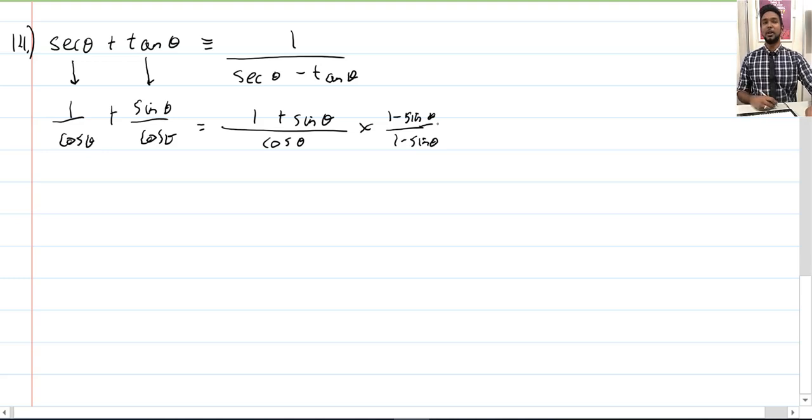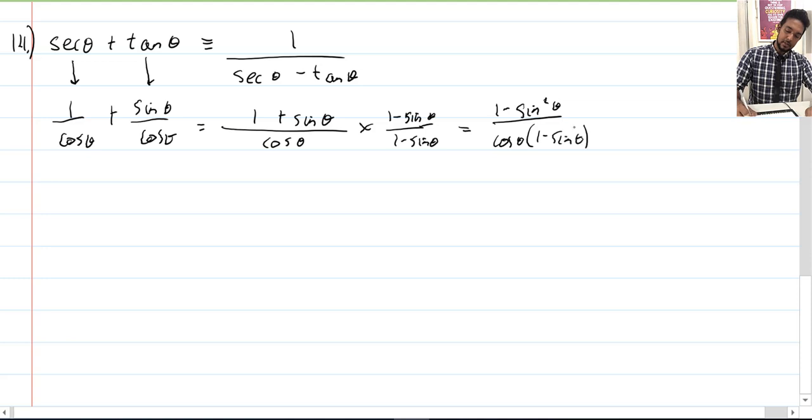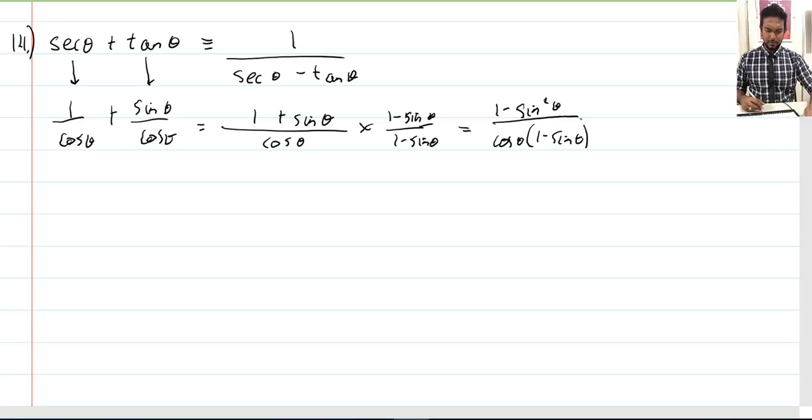Yes, it was not entirely obvious. This was the bad one. So 1 plus sine theta by 1 minus sine theta will give us 1 minus sine squared theta in the numerator over cos theta by 1 minus sine theta. Actually, hold on, wait. That's how I'm supposed to work this?